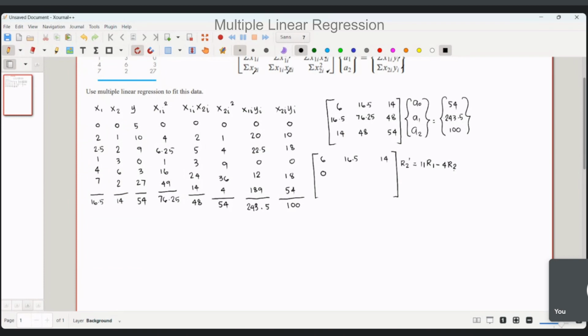I have the answer, class. Negative 123.5. Yes, miss. Do we have the same answer? Okay. Same. Next is 14 and 48. That's negative 38. Okay, hold on.